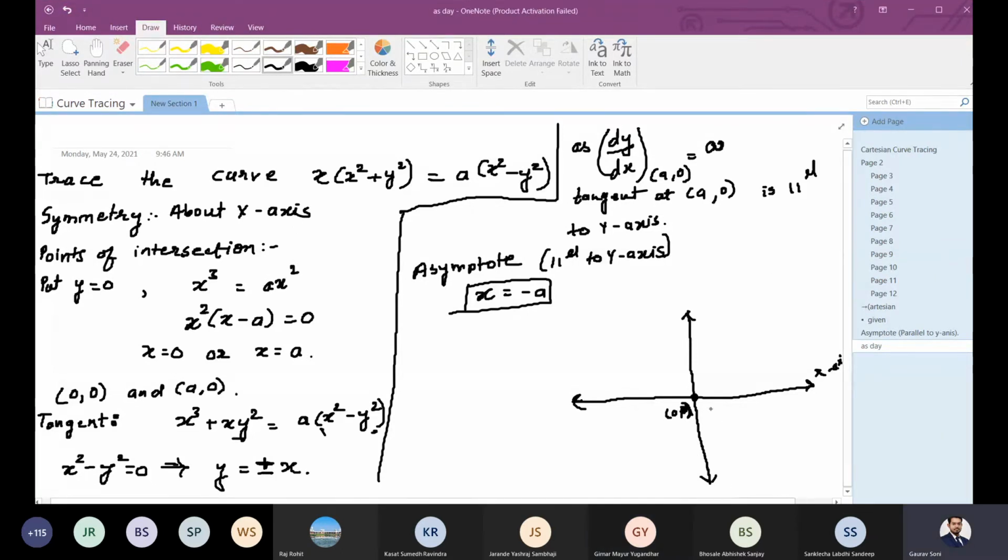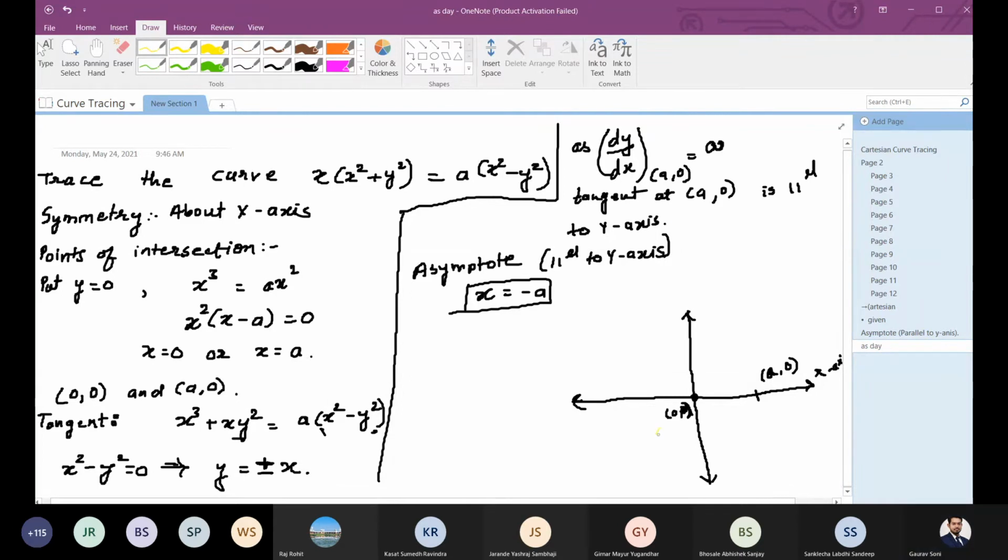Zero zero, and then the point a comma 0. This is the point a comma 0. So the curve is intersecting these 2 points. Then there are 2 tangents at the origin.